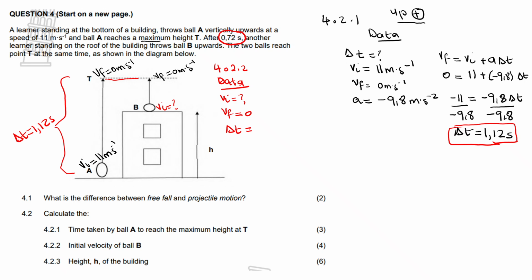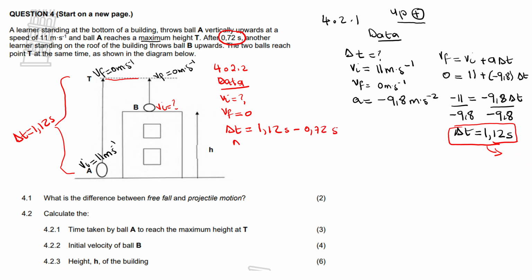So to find the time traveled by ball B, we can take this value here and subtract the 0.72 seconds, because remember, they will reach the maximum height at the same time. So the time for ball B is going to be 1.12 seconds minus that 0.72 seconds. I hope this makes sense.